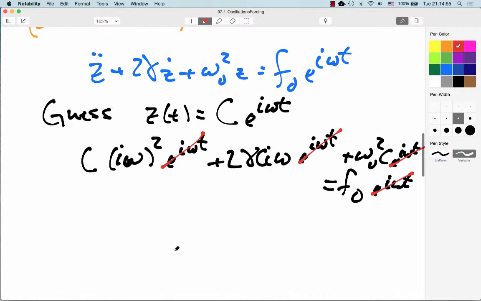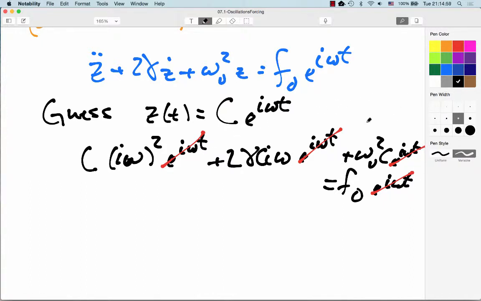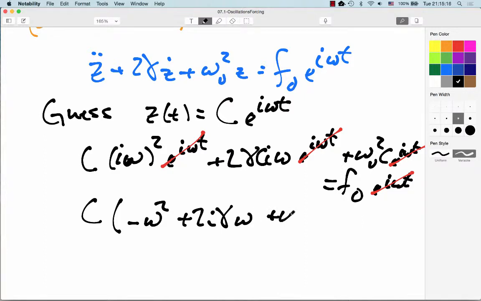So I can factor out a C from the left-hand side. I'll have a solution if my C times, okay, i squared, I'm going to get minus omega squared, so minus omega squared plus 2i gamma omega plus omega naught squared, has got to equal f naught.